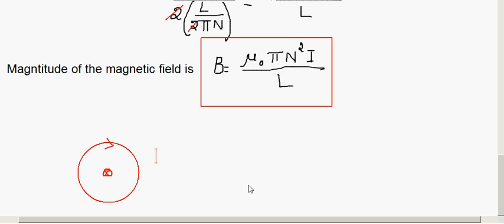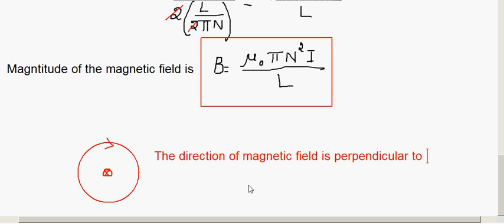The direction of the magnetic field is perpendicular to the plane of the loop and entering into it, or I can say it is inward if the current is flowing in the clockwise direction. That is why here it is represented by a cross.